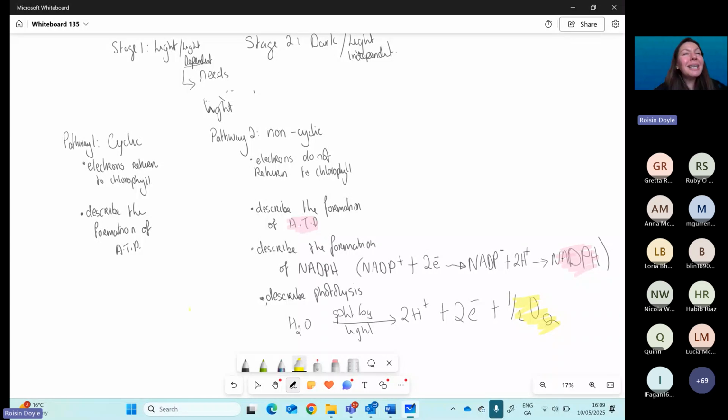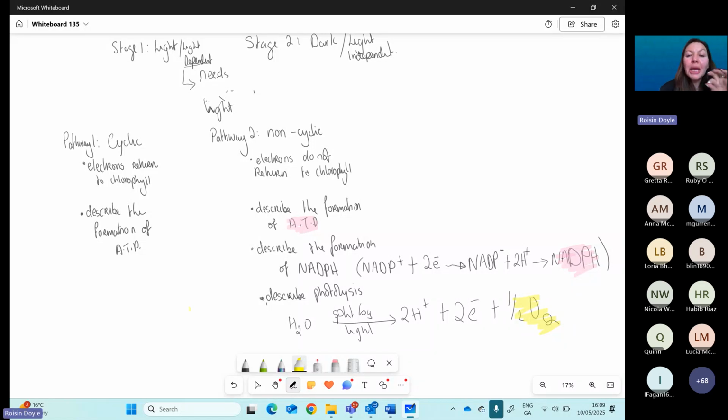Then you're going to say to yourself, why did she highlight 2 in pink and 1 in yellow? Well, she highlighted all 3 of them because they are the products of the light stage. And she highlighted ATP and NADPH because they are the 2 products of the light stage that go to the dark stage, where they are used to convert CO2 into glucose.